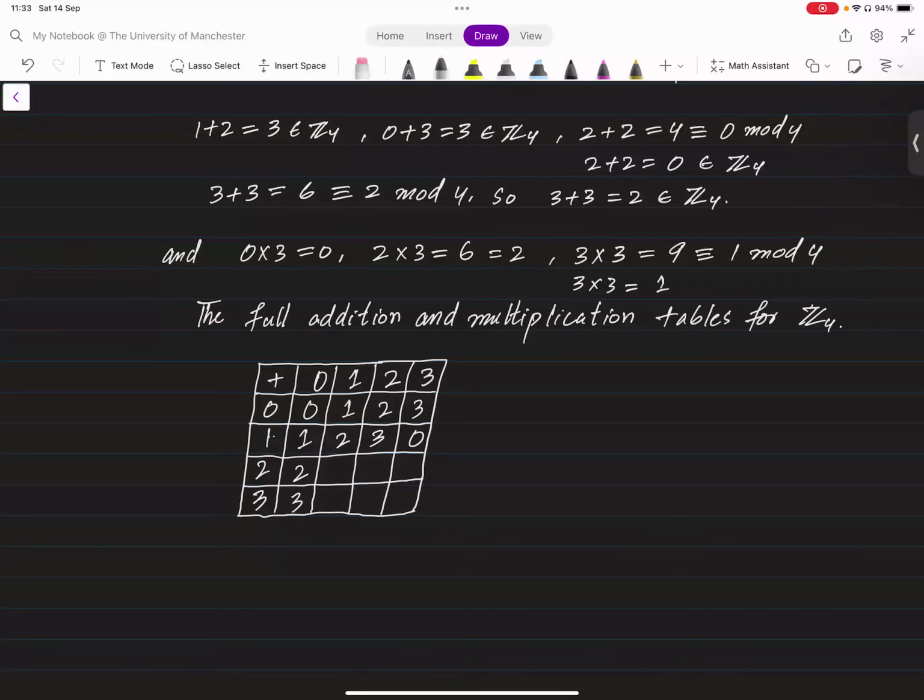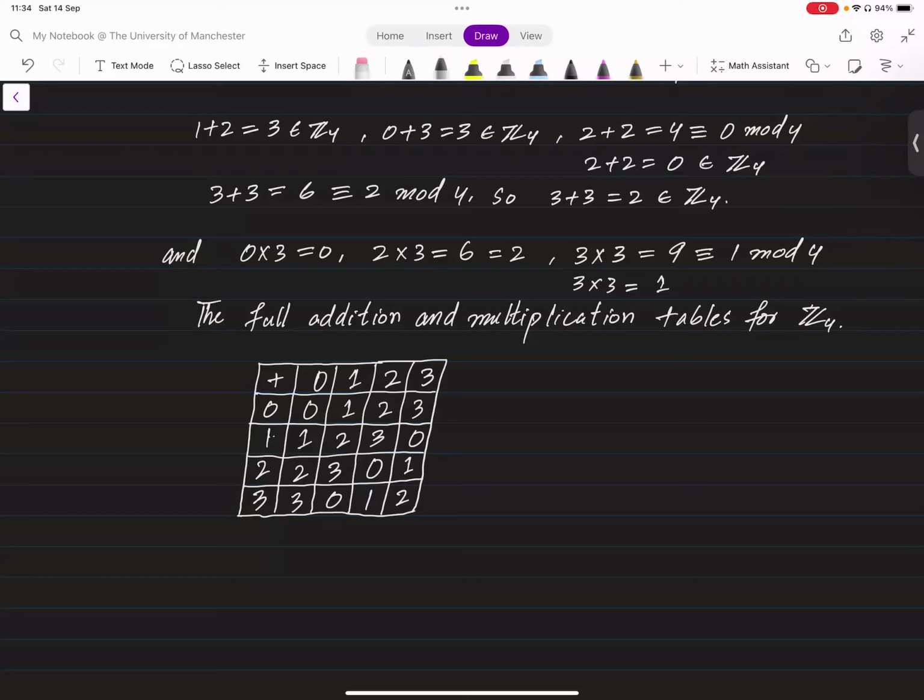Now 2 plus 1 is 3. 2 plus 2 is 4, which is 0. 2 plus 3 is 5, which is 1. Then 3 plus 1 is 4, which is 0. 3 plus 2 is 5, which is 1. 3 plus 3 is 6, which is 2.